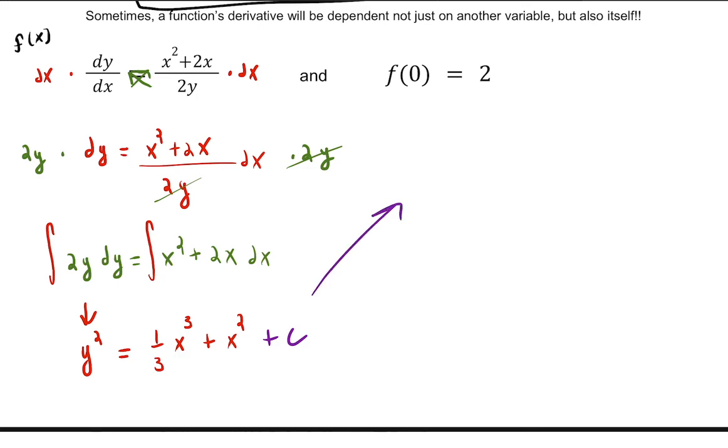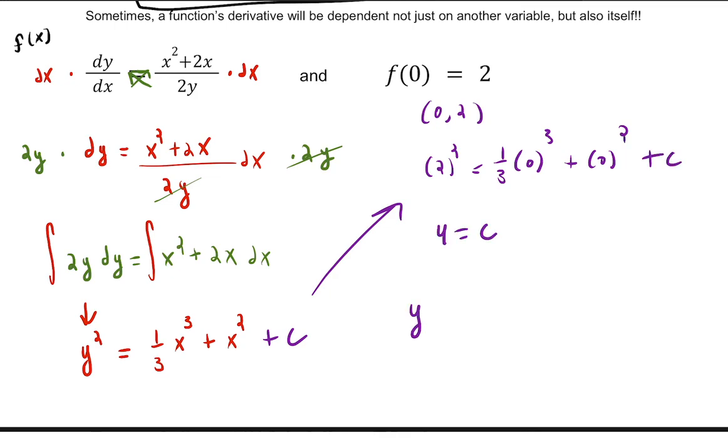And so we take this to part 2, where x is 0, y is 2. We'd have 2 squared equals 1/3 times, so they've made it easy for us, 0 cubed plus 0 squared plus c, 4 is equal to c.